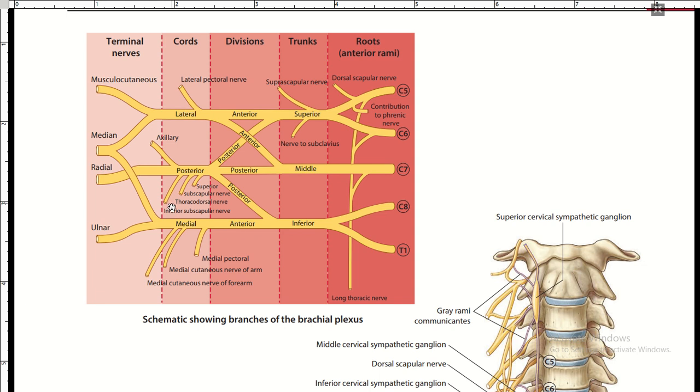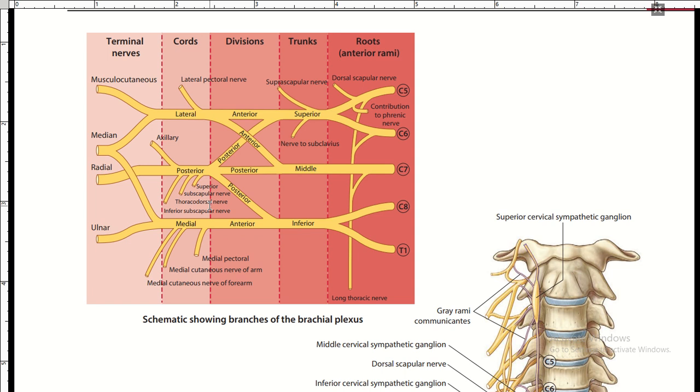And then the T is going to stand for the thoracodorsal nerve. The thoracodorsal nerve is going to be a superficial nerve that will descend downward and is going to innervate your latissimus dorsi muscle.